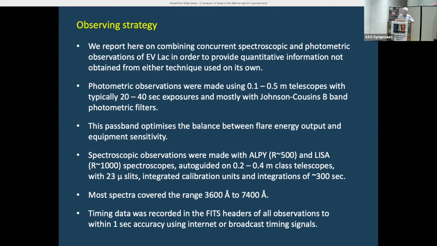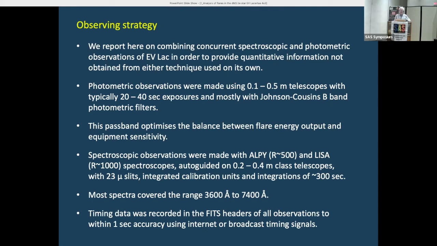Our photometric observations are made with typical amateur telescopes, usually with exposures of somewhere in the region of 20 seconds, and mostly with a Johnson-Cousins B-band photometric filter, simply because that optimizes this balance between the flare energy output, which increases steadily as you go to shorter and shorter wavelengths, but our equipment sensitivity is falling as we move into that region. So we're trying to optimize our detection efficiency.